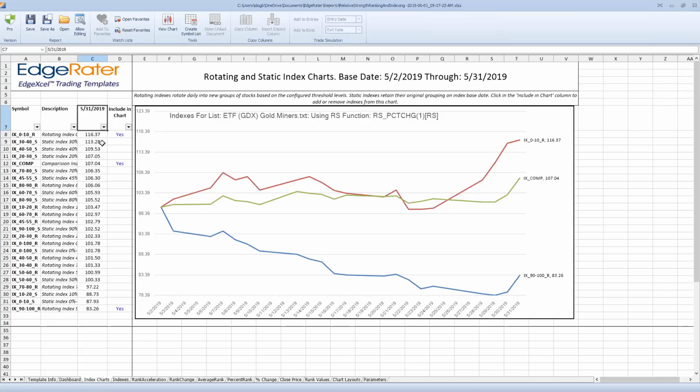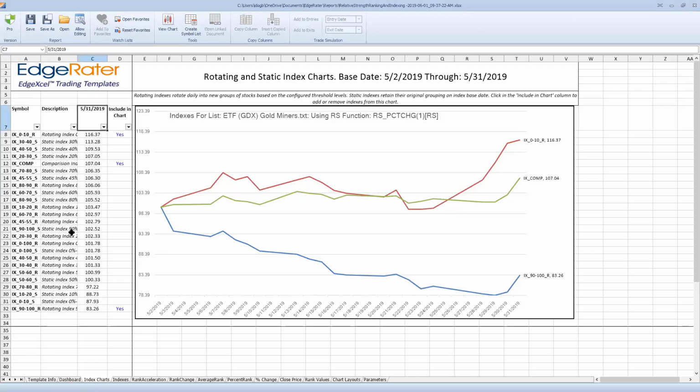So a high value in your relative strength means that the 1 day percent change has been high. So what we're doing with the 0 to 10 rotating index is we're rotating into the worst performing stocks every day, from the prior day. And what we're doing with the 90s to 100s is we're rotating into the best performing, the top 10% of the 1 day percent changes.